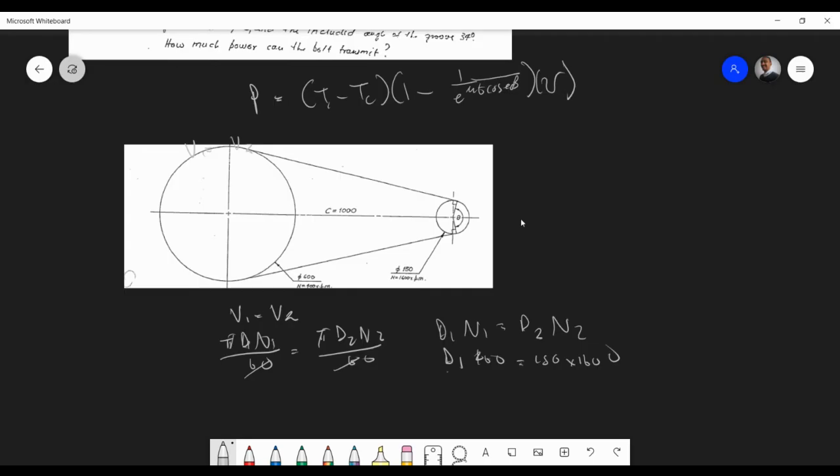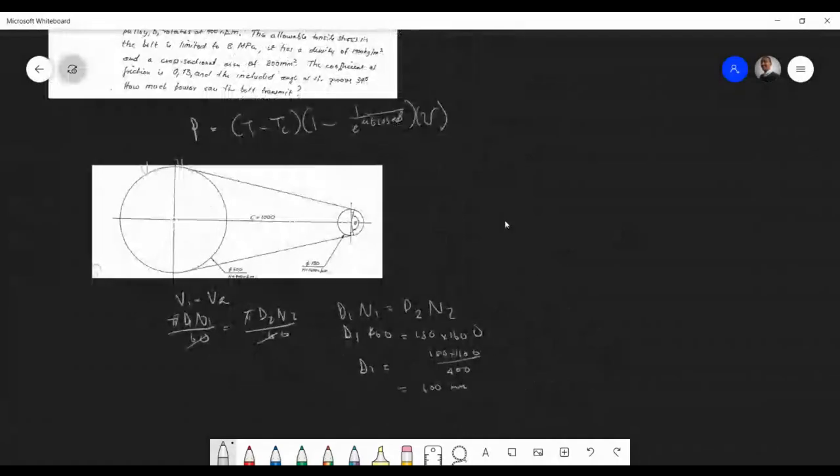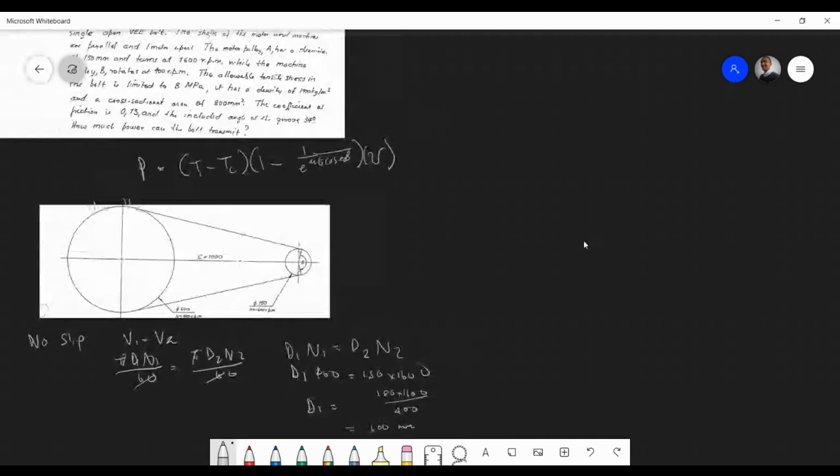The answer is sometimes given, but in this case I'm making you aware that we need to find the diameter of the other one. So it's 150 times 1,600 divided by 400, and you'll get 600 millimeters. If they don't give you the diameter, remember this: sometimes you're going to have to find it yourself, likewise with the rotational speed. Don't forget that. And of course, we're assuming no slip here, that's the first assumption.